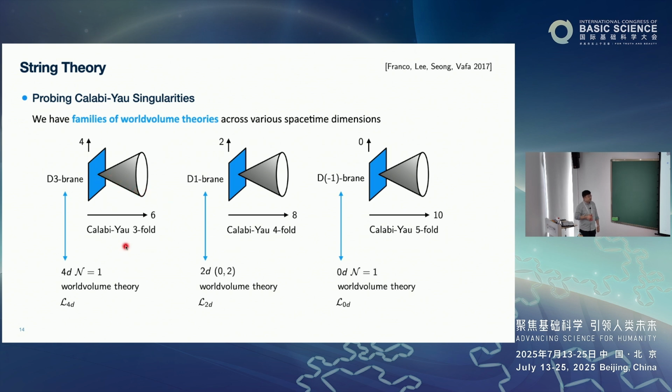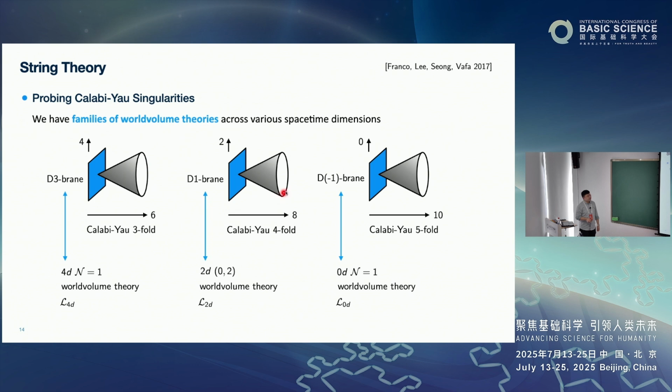If I have a toric Calabi-Yau threefold, that can be probed by a D3 brane. The dynamics of this D3 brane is described by a 4-dimensional N equals 1 supersymmetric gauge theory, which I can write down. The corresponding Lagrangian can be written from the geometry that I have here.